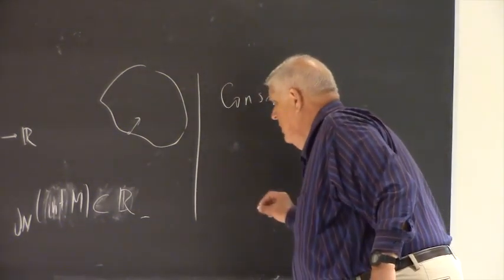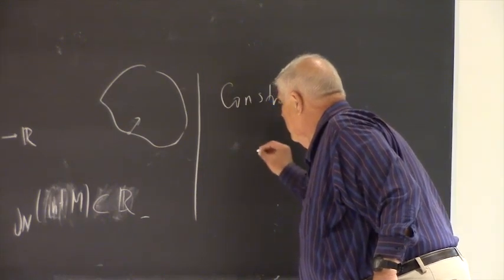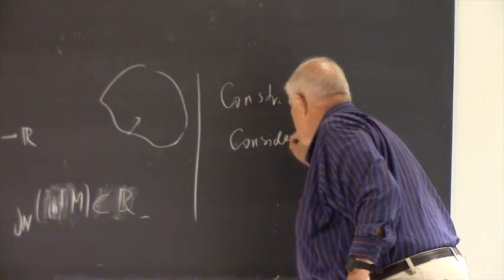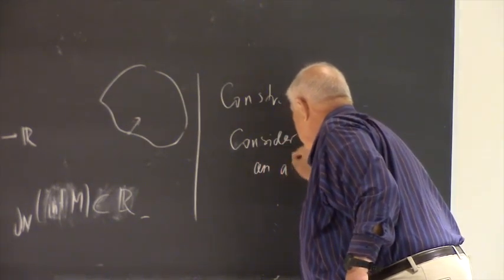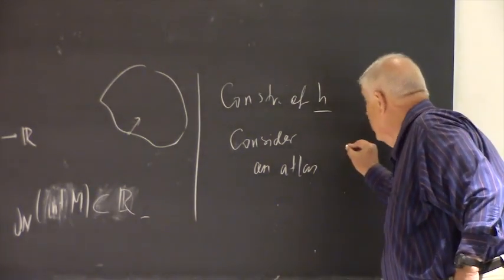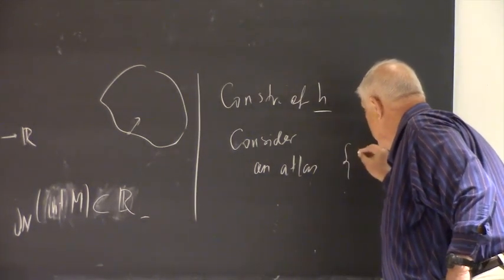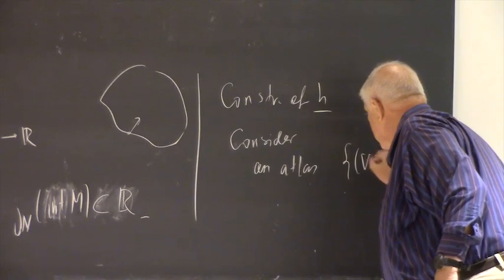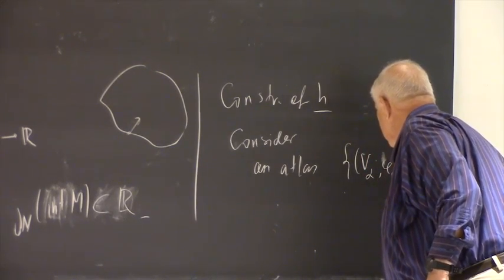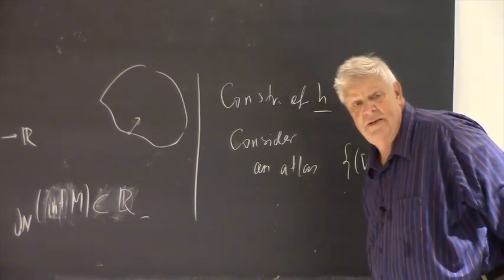Consider an atlas of M, V_α, φ_α, a system of local coordinates.